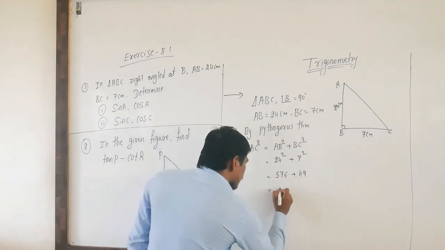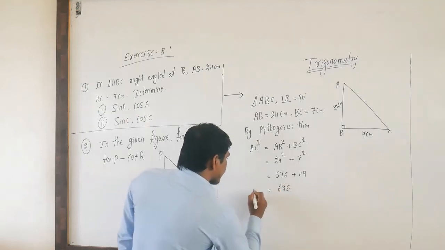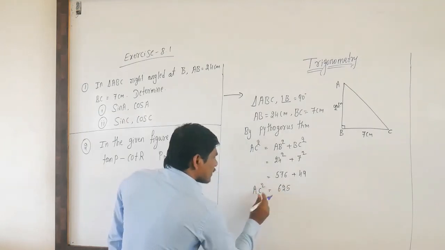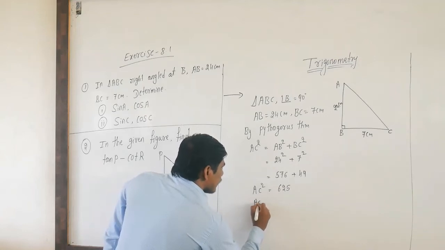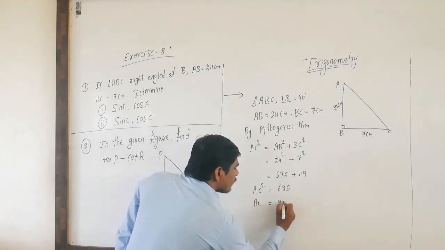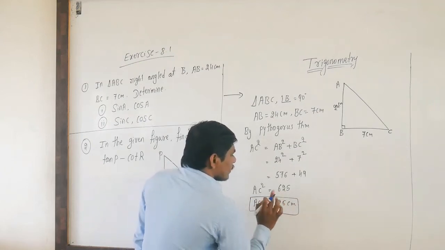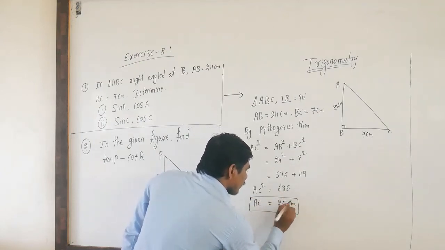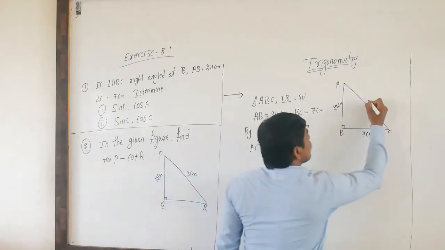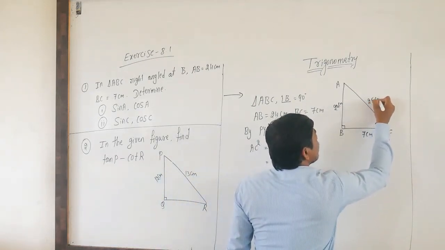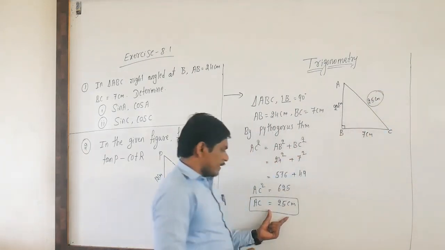The sum of these two results is equal to 625. Then AC square is equal to 625. Then AC is equal to 25 centimeter. The square root of 625 is 25. Now this length is equal to 25 centimeter.